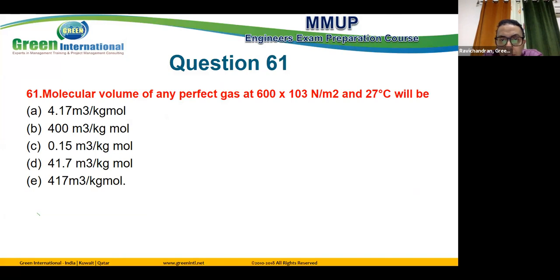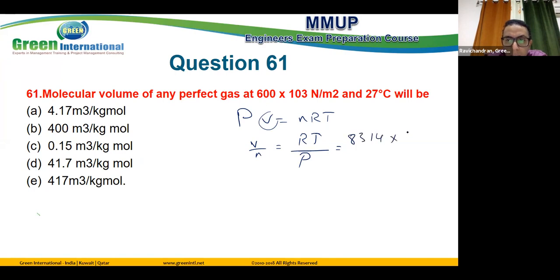Molecular volume of any perfect gas at 600 times 10 to the power 3 Newton per meter square at 27 Celsius will be, molecular volume is volume per mole. We expect PV equals nRT. So if you need V divided by n, it is RT divided by P, which is equal to R, 8314, multiplied by temperature 27 plus 273, divided by 600 multiplied by 10 to the power 3.